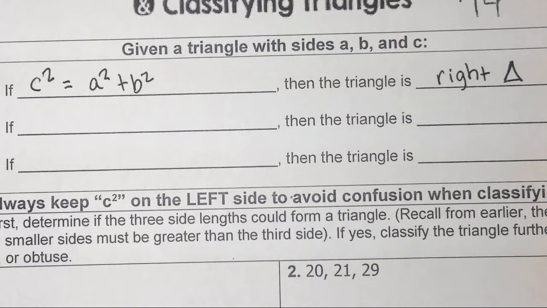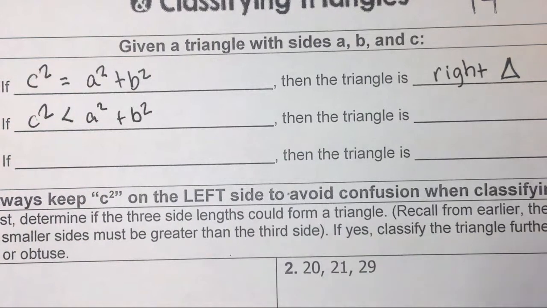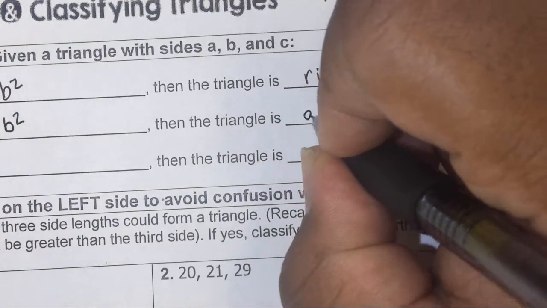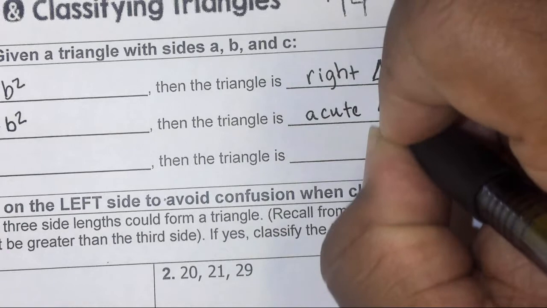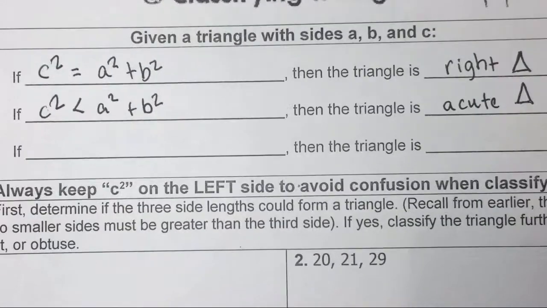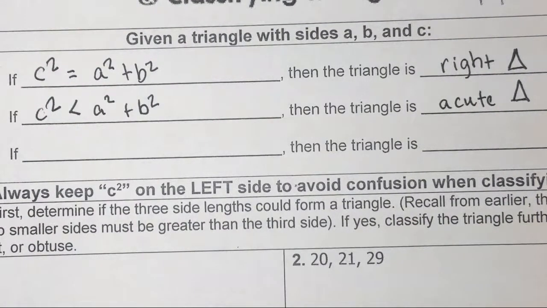If you have the case where c squared is less than a squared plus b squared, then that means your triangle is an acute triangle. And all that means, your c squared, remember that's your hypotenuse, your longest side.